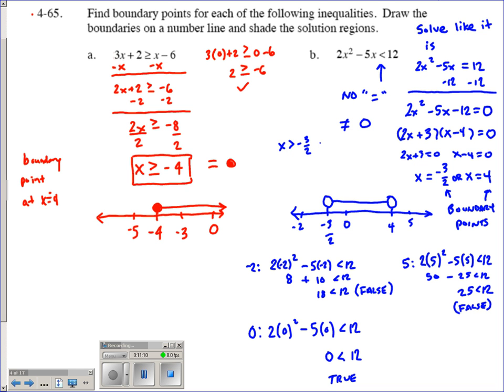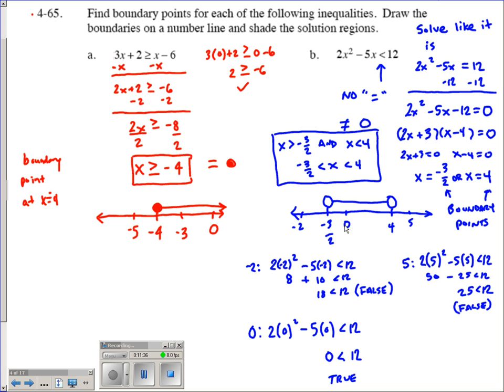So we're going to say and x is less than 4. That's one way to write it. Or you can flip this one around and throw your x in the middle. We could say negative 3 halves is less than x, which is less than 4. So either one of those would be correct there if we were writing inequality as an answer.